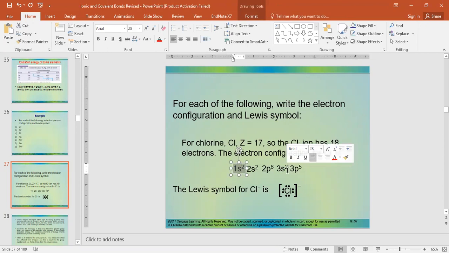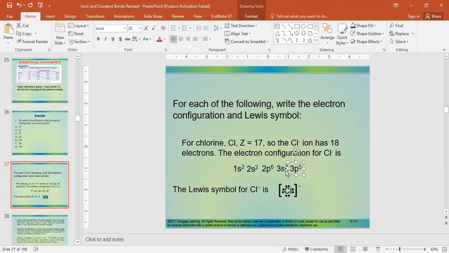So it covers up to 2p6. So that now what you are showing is this dot here. This is for chlorine without the 1 electron that was added. What you write as chlorine actually carries 1s2, 2s2, 2p6, and 3s2. So that now the dots here are showing the outermost electrons, which are 5.